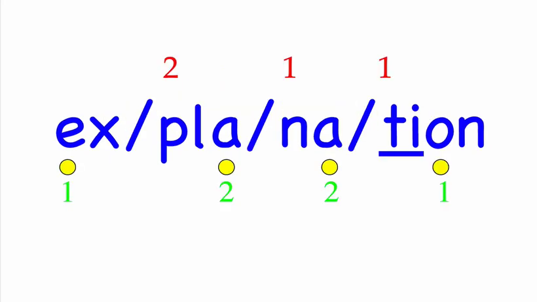Then, if you have more than one vowel sound in the word, you have to apply syllable division using one of the 3 syllable rules we've been introduced to in this program. Finally, associate a vowel group number with each vowel sound in the word. Once you've completed that process, advance the video to check your work. Ex, play, nay, shon.